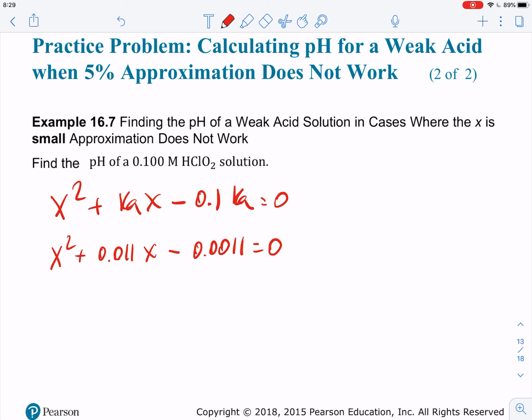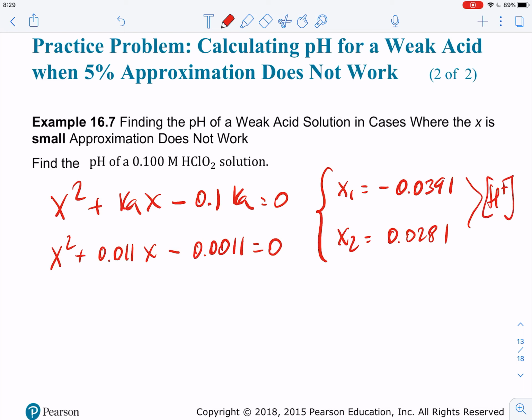If you solve for X, then you will obtain X1 equals minus 0.0391 and X2 equals 0.0281. Okay? Now this will represent the concentration of H plus. But guess what? There are no negative concentrations. So whenever you have that situation, usually you will get a negative root and a positive root. You keep the positive one.